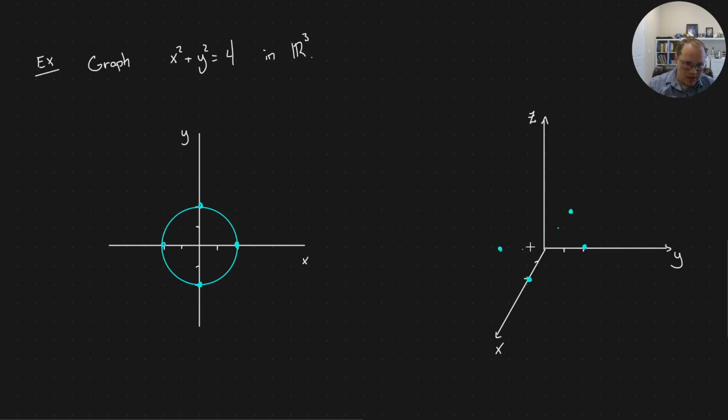A little bit tricky because it's laying flat. So that's the circle laying flat, but then there's no mention of z. And so I stretch it infinitely far in the z direction, up and down, and I get a cylinder. That's why we call these cylindrical surfaces, because a cylinder is kind of the classical example of one of these kinds of surfaces.